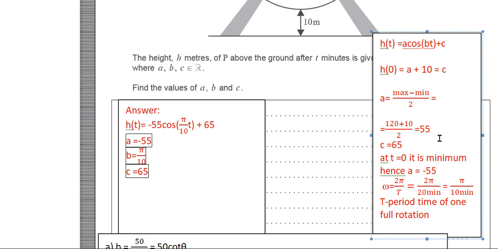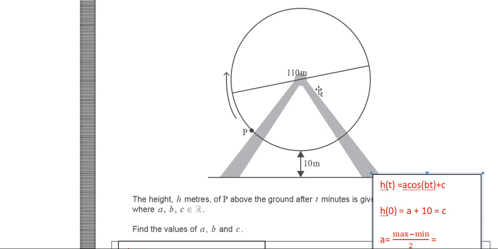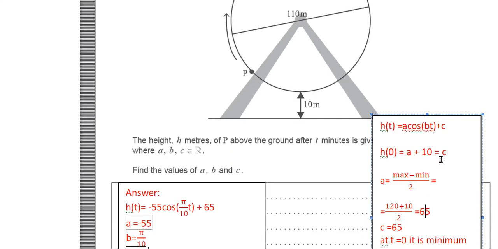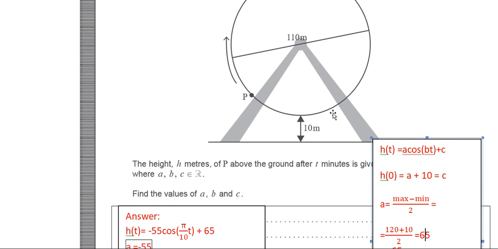And 130. Where's the calculator? That gives us 65, not 55, 65. So C is 65 also. Let me decide.